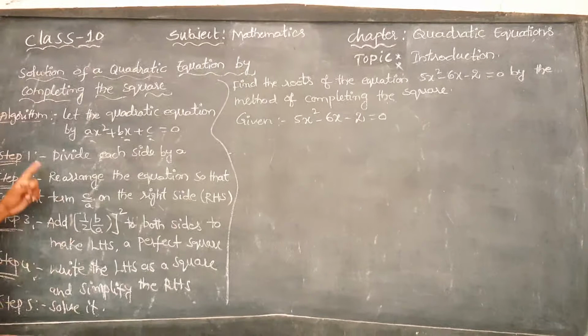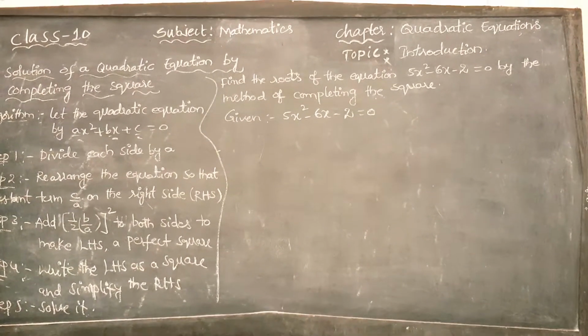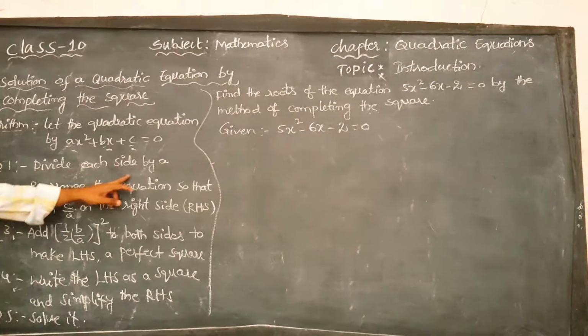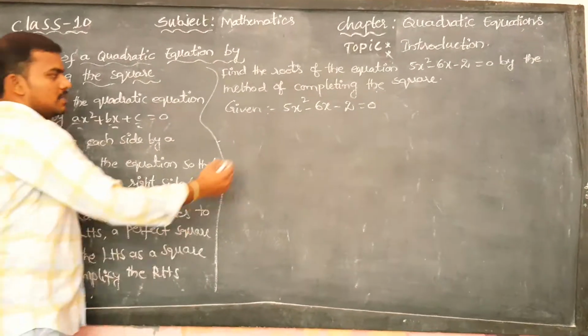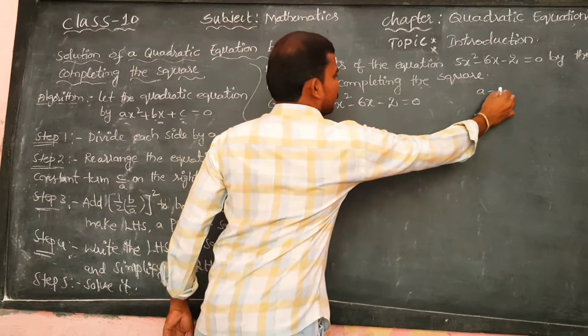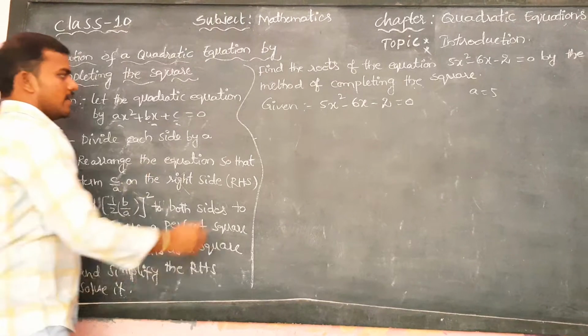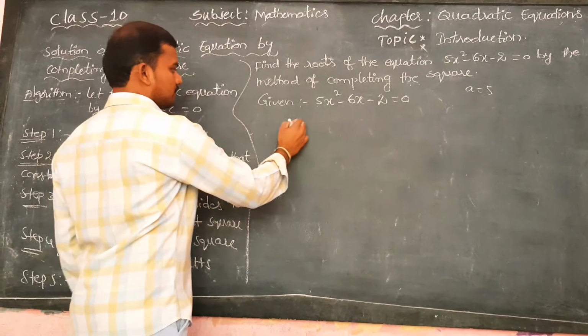Now let us follow the algorithm. Step 1, divide each side by a. Here a is equal to 5, so divide by 5 on both sides.